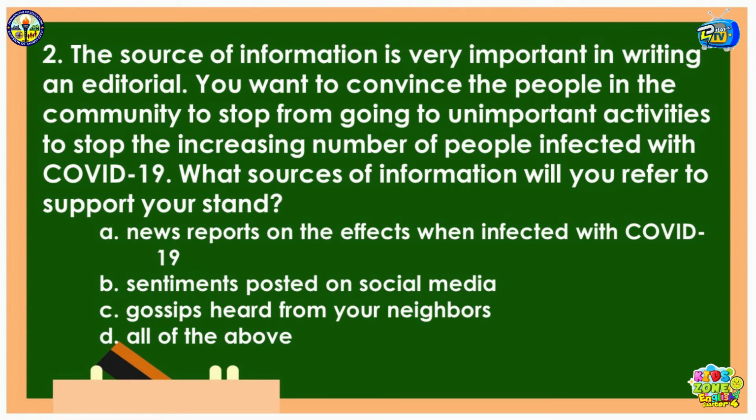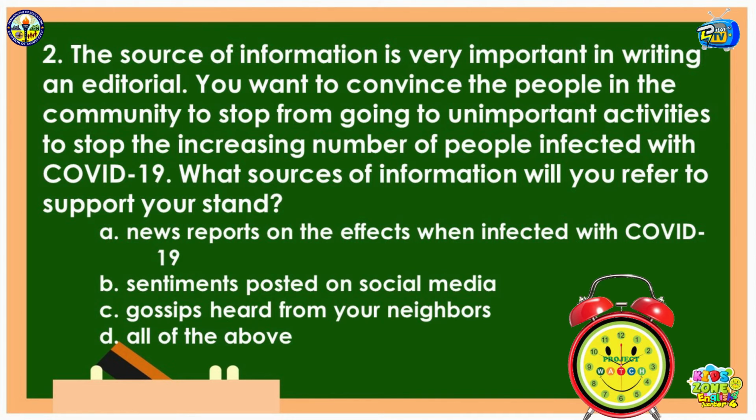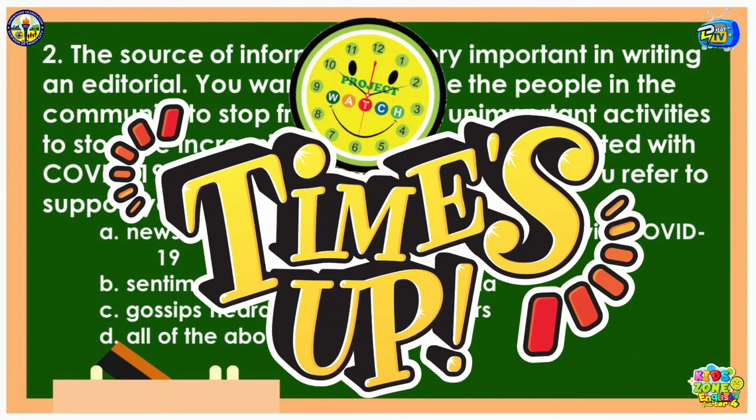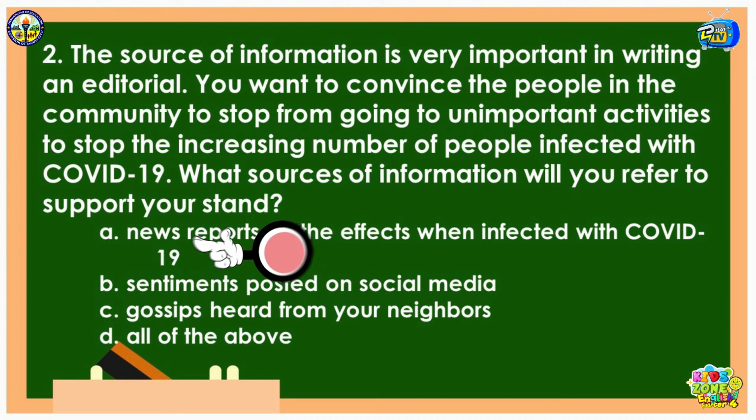B. Sentiments posted on social media. C. Gossips heard from your neighbors. D. All of the above. Time's up! Your answer is? Perfect! It is letter A. News reports on the effects when infected with COVID-19.